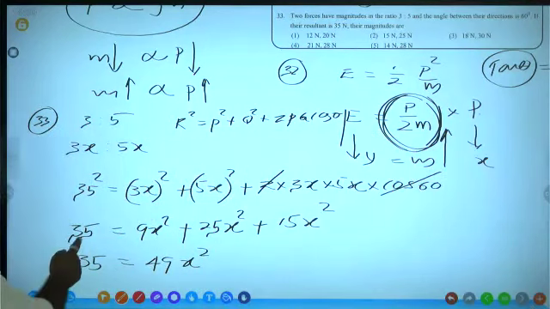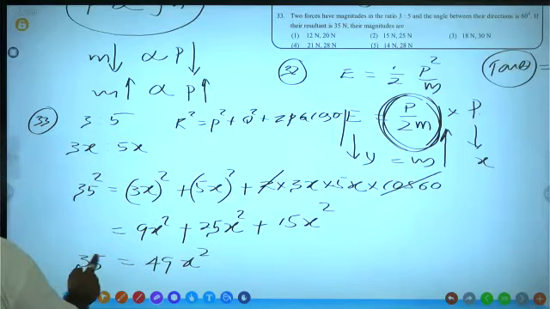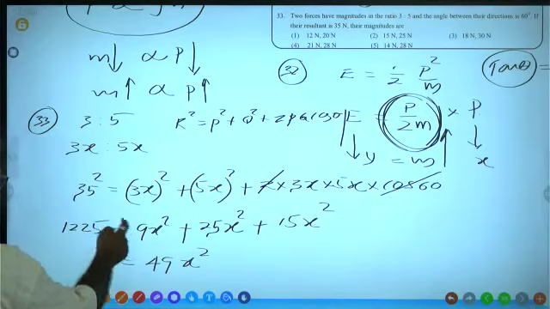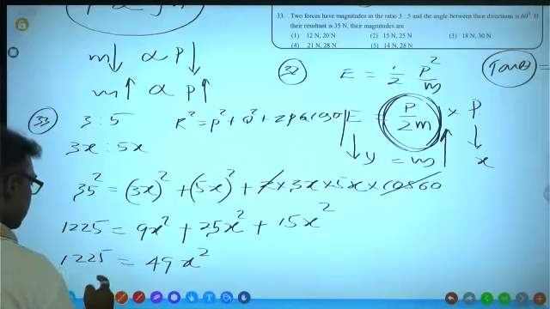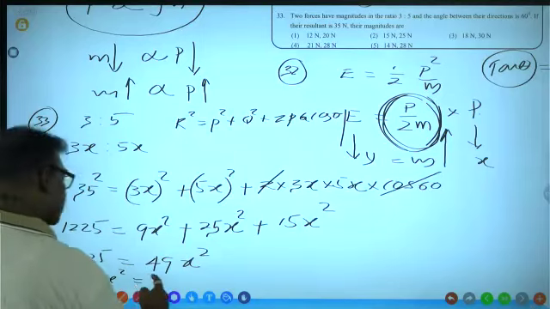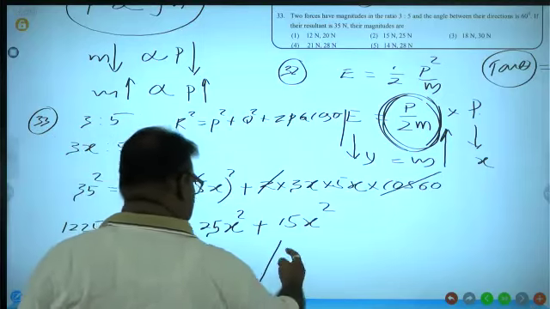Put 35 squared, 1225. Then x squared becomes 1225 divided by 49, which is 25. Then x becomes 5.